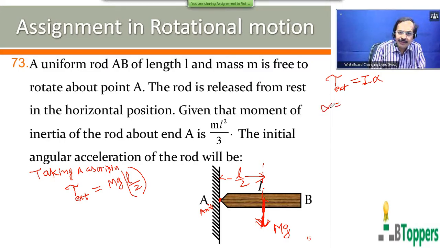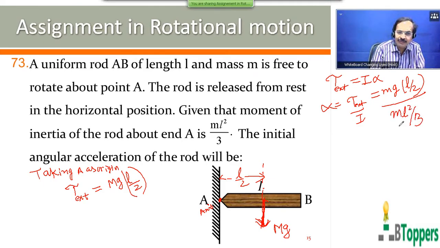So alpha can be written as the net torque acting on the rod by I. Net torque acting on the rod, you can write mg into L by 2. The moment of inertia of the rod about the axis passing through one of the ends and perpendicular to the length will be ml square by 3. So you get alpha equal to 3g by 12. That's the answer.